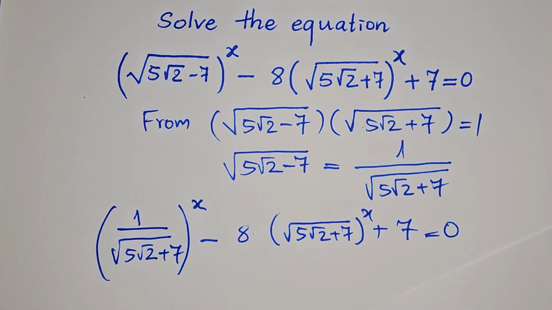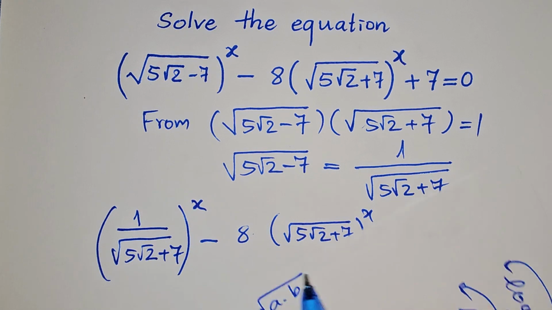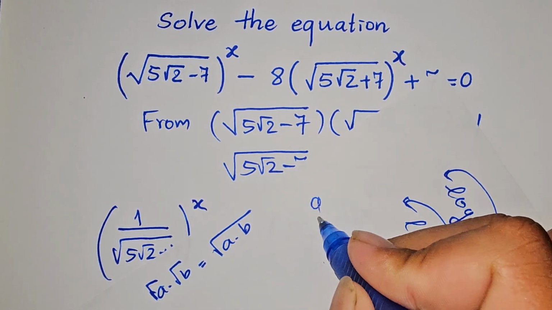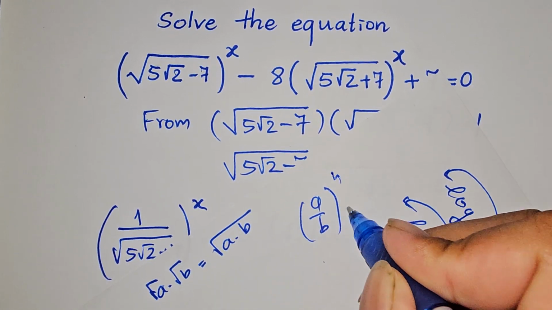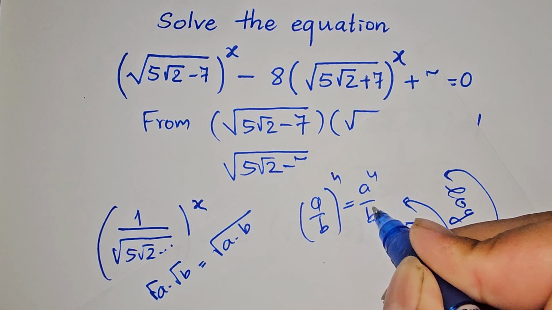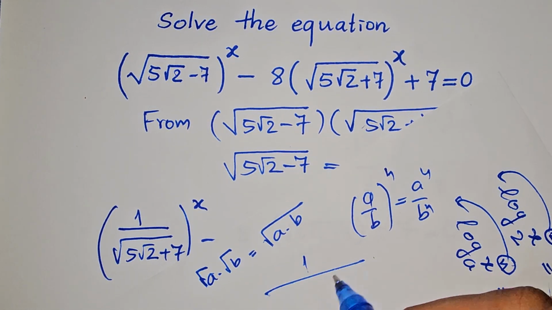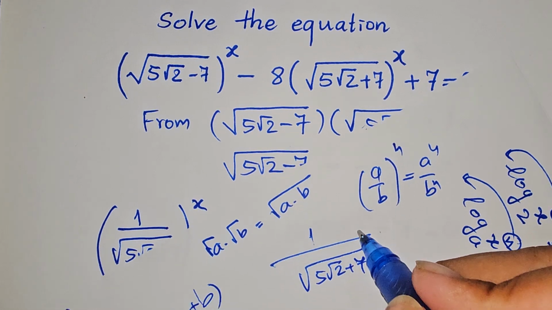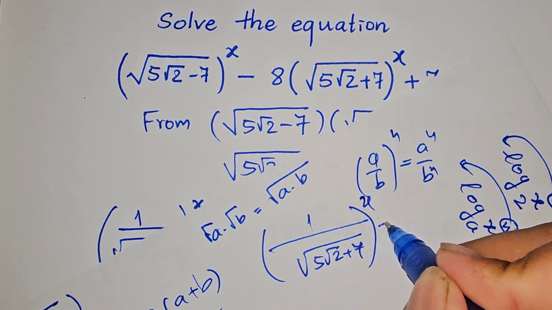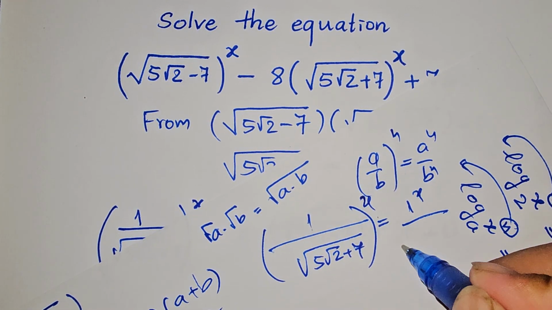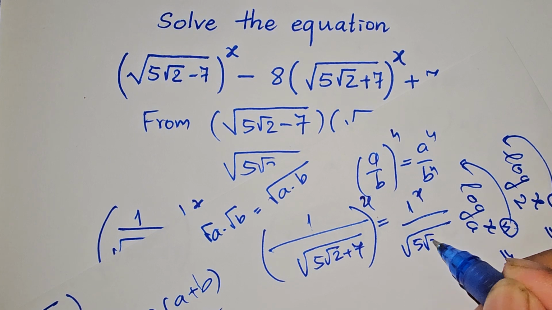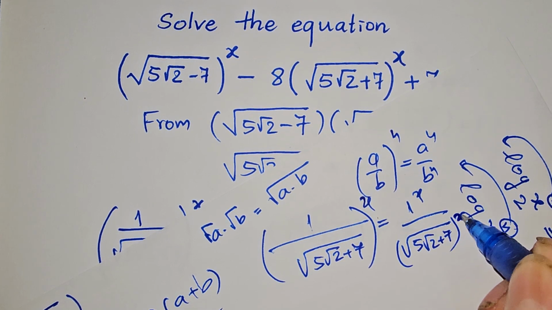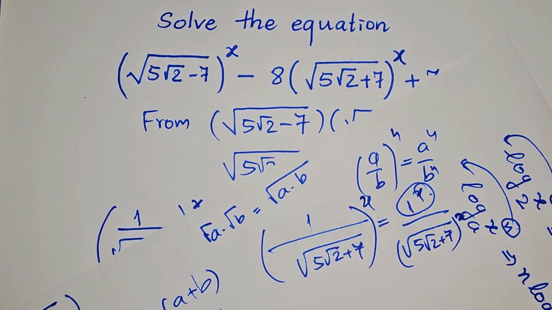And for this, we use the formula: if (a divided by b) to the power n, we get a^n divided by b^n. So 1 divided by (√5·√2 + 1) to the power x is equal to 1^x divided by (√5·√2 + 1)^x. But we know this 1^x equals 1.